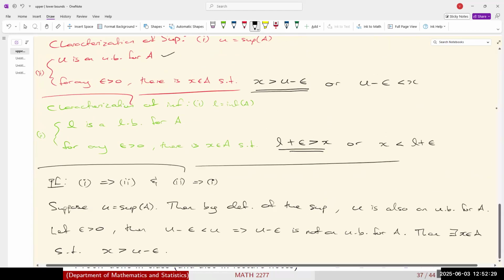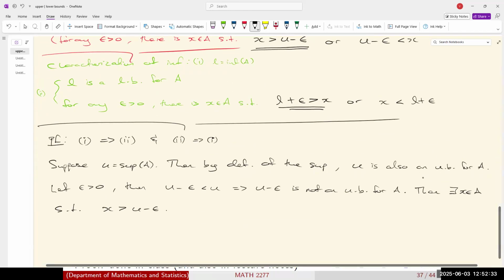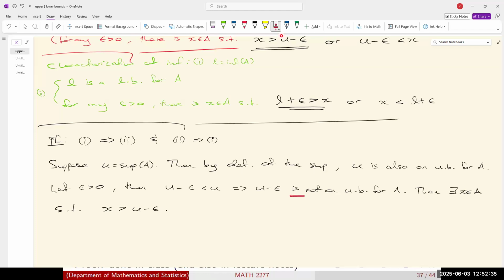Because if you are not the upper bound of a set, then there's an element in that set which is bigger than you. That's all we have to do, just write it out. So that proves 1 implies 2.